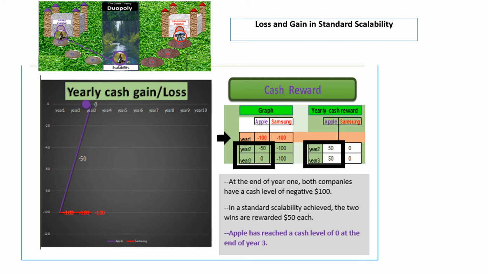In our example, Apple has reached a cash level of 0 at the end of year 3, which is break even. And in our illustration, you can see that Apple has reached the river, which is scalability level with break even.